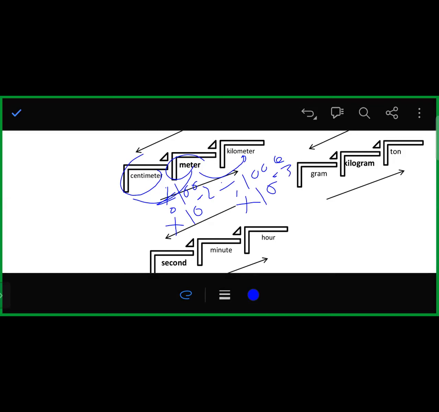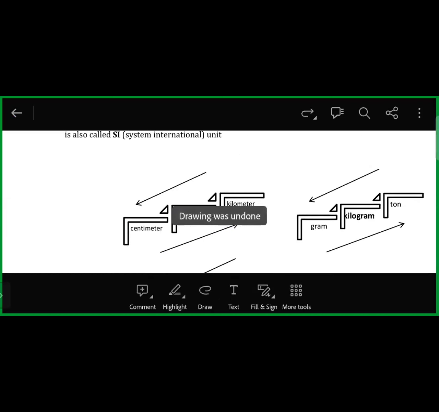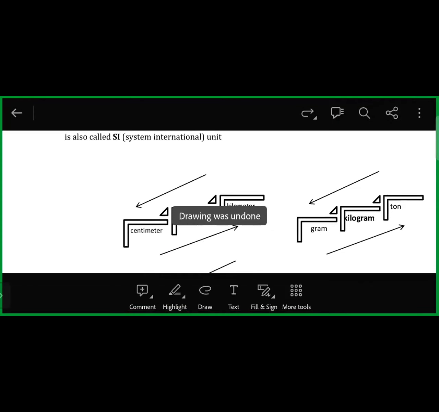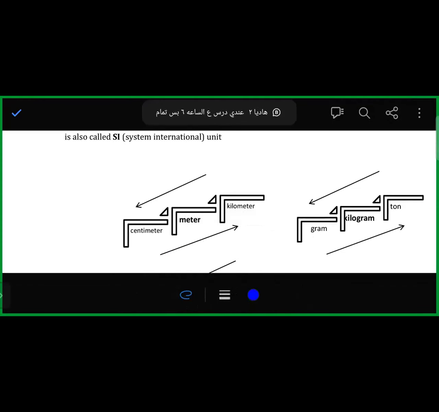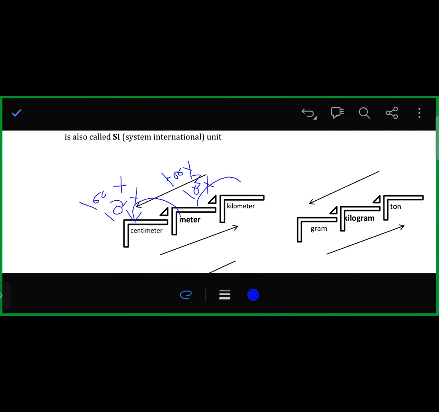For the opposite process, we can reverse it: from kilometer to meter, times 1000 or times 10 power 3, and from meter to centimeter, times 100 or times 10 power 2.